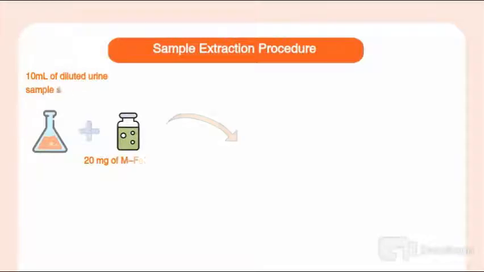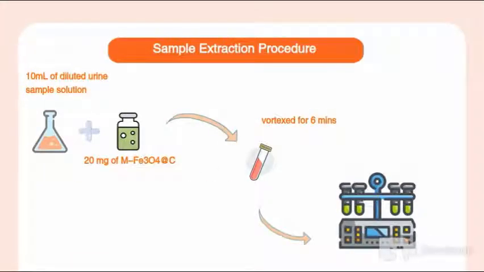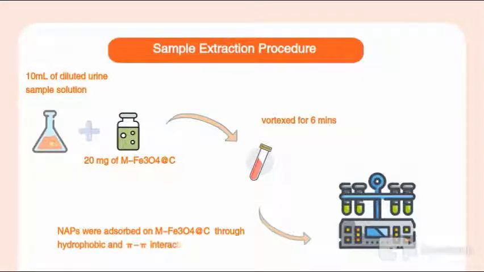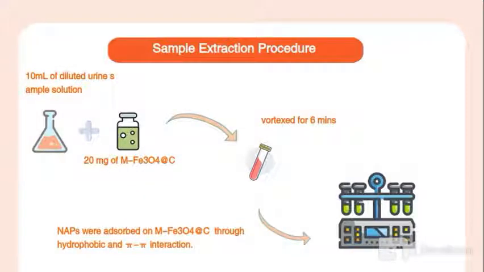Next, 10 ml of diluted urine sample solution was added and vortexed vigorously for 6 minutes to form a homogeneous dispersion solution. During this process, naphthols were adsorbed on the magnetic graphitized carbon black through hydrophobic and pi-pi interaction.